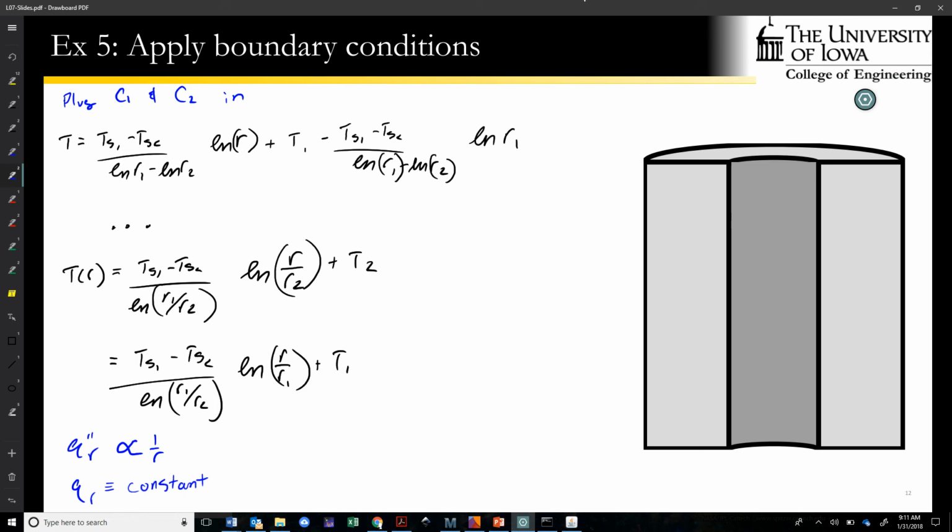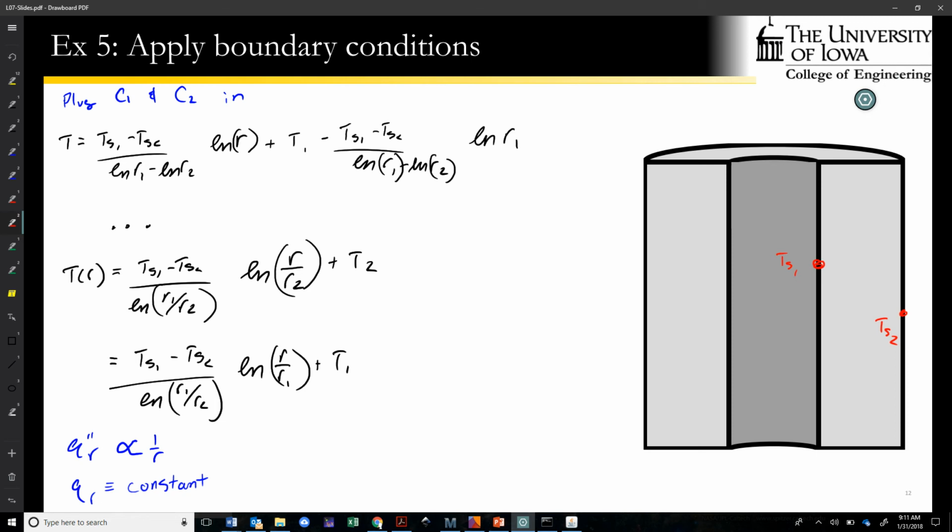Okay, if we were to get rid of this specified temperature boundary condition, so at this point we had TS1, we had TS2. Solving for the unknown constants was a little bit more laborious than last time, but still fairly straightforward.